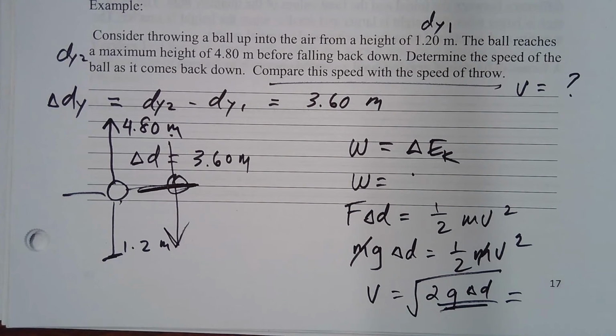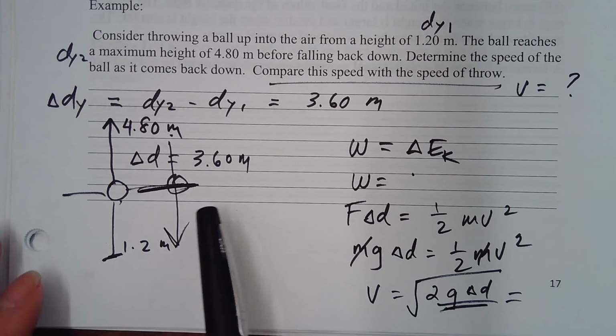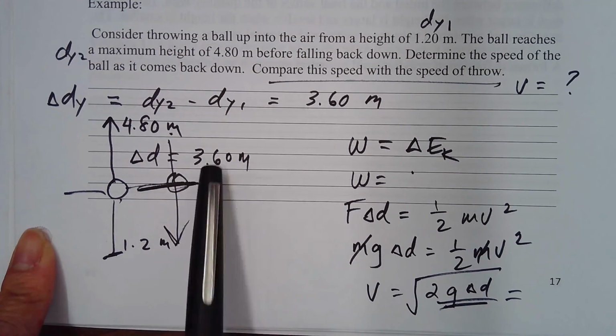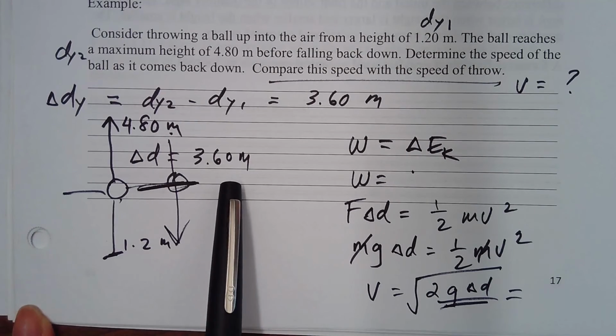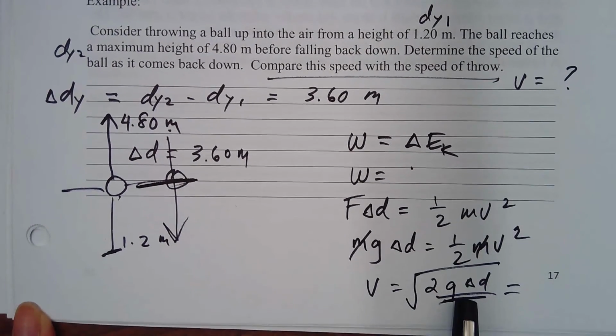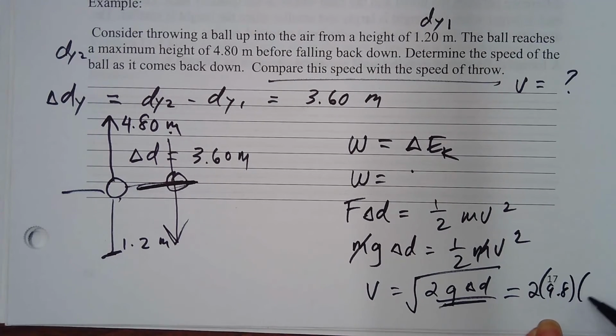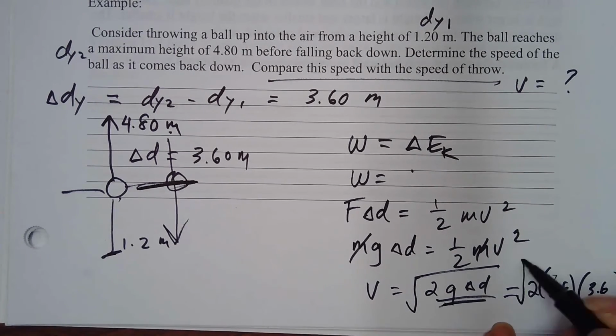So we can answer it two ways. First, in my first answer, I'm going to assume the person caught the ball, just like what you guys did in your experiment. So that means the delta d traveled is just 3.6. Okay? So I'm going to put the 3.6 right here. So 2 times 9.8 times 3.6. Take the square root.